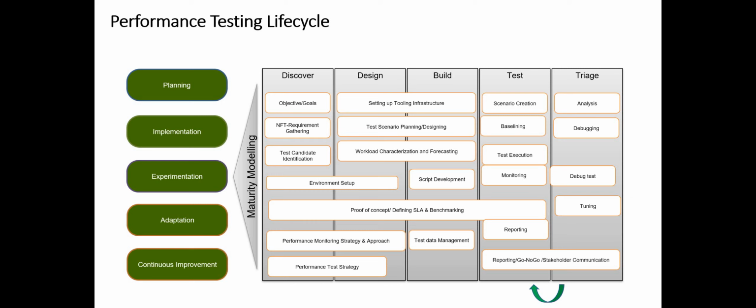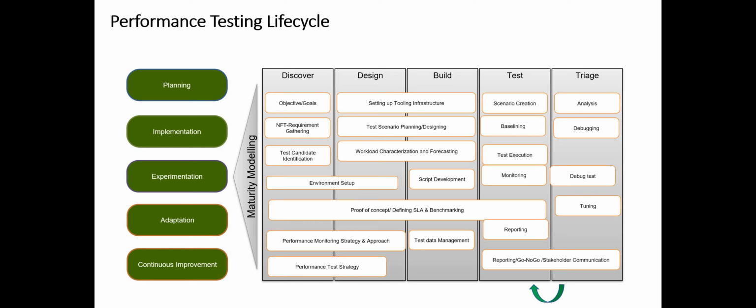So there are different objectives and goals, and different projects have their own. We need to have a conversation with those key stakeholders and understand what exactly they want from this performance testing activity. That's the first step that we do.